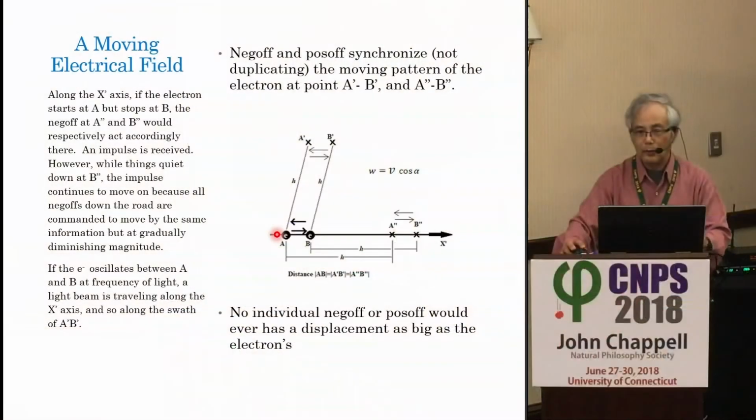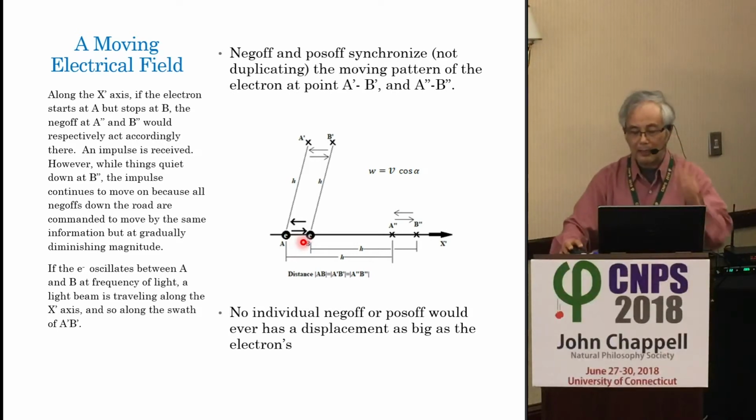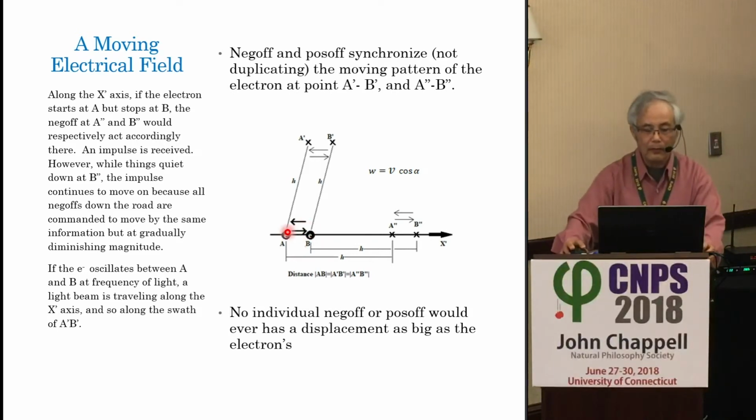But if the electron moves here, down to here, and back here, we receive one cycle of electrical magnetic wave. If the electrons move back and forth multiple times, we have a wave of multiple hertz.